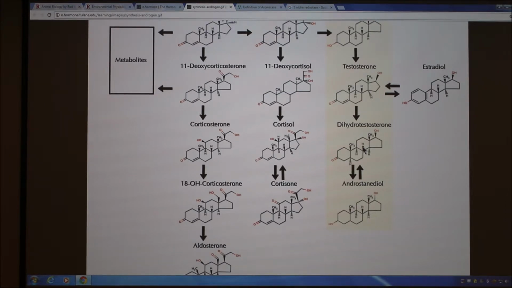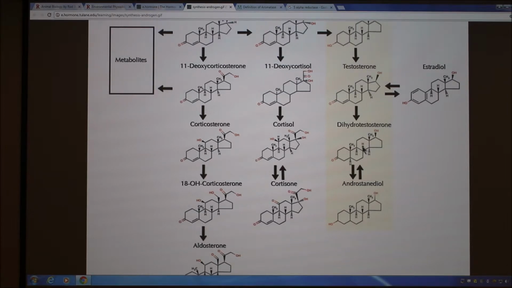When the prostate sees dihydrotestosterone, it undergoes hypertrophy. In some people and dogs, it's called benign prostatic hypertrophy, BPH. They advertise these things on TV.